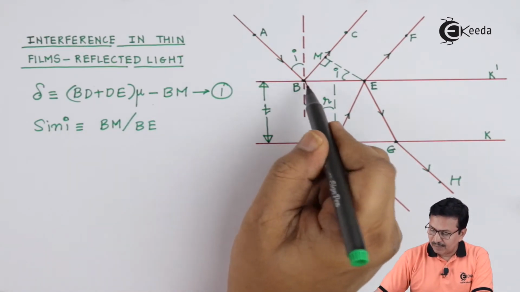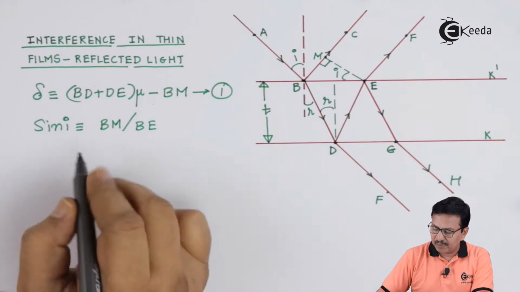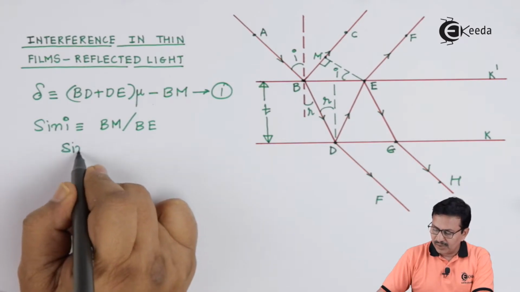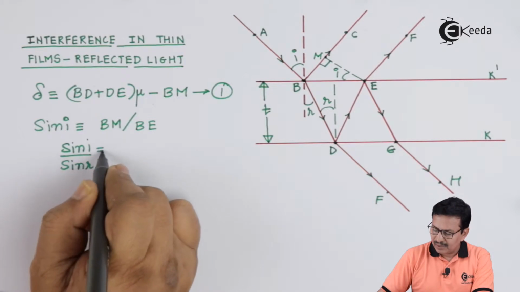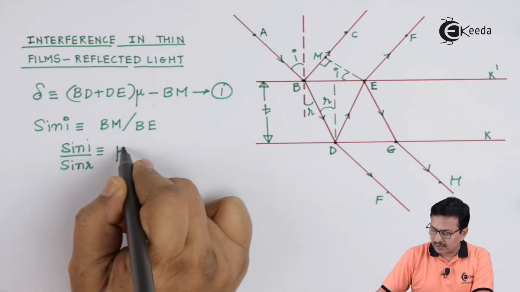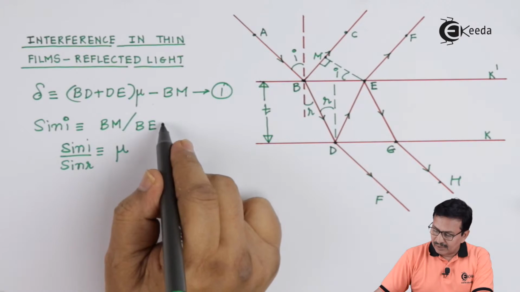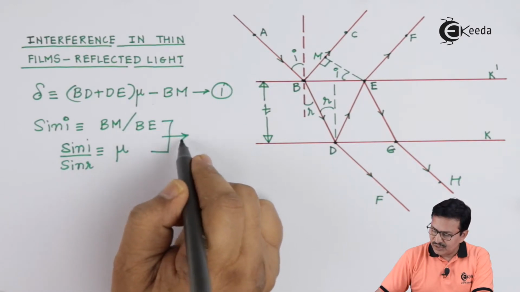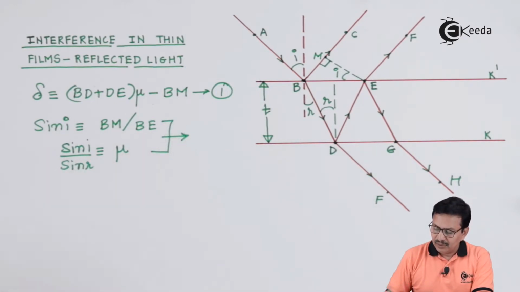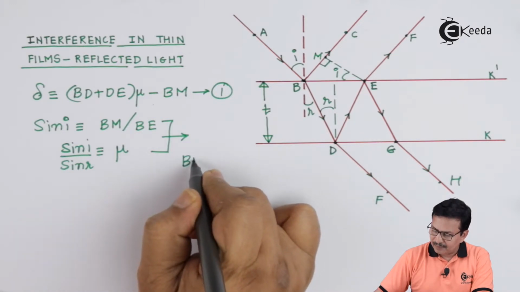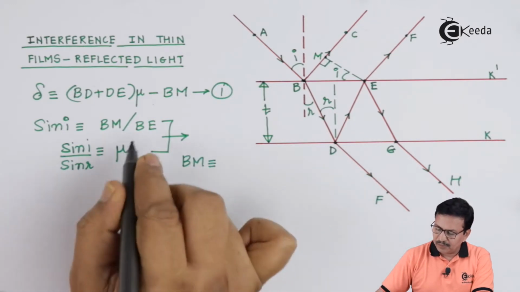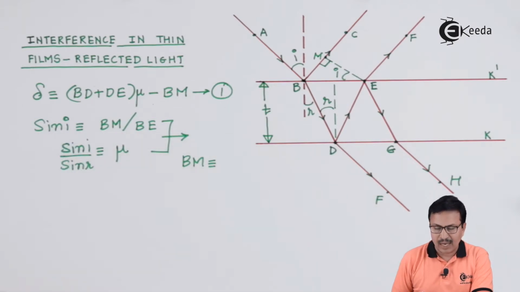Similarly, if I apply Snell's law at the point B, sine i upon sine r is going to be equal to mu.